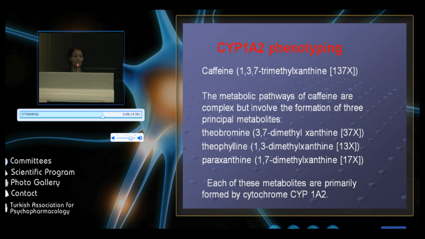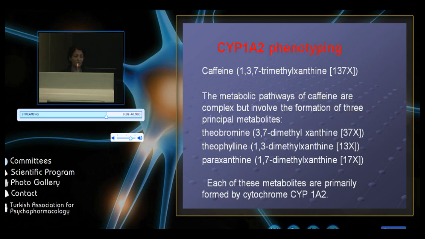Another phenotyping is 1A2. We have the gold standard of caffeine. The phenotyping of 1A2 is different from 2D6. In 2D6 you administer 30 milligrams, but here we implement a lower dose. But sometimes diet can be asked.